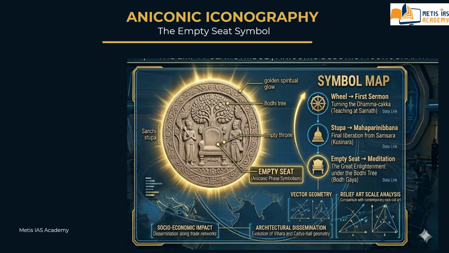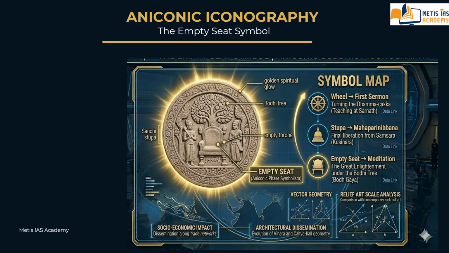So Aniconic iconography, the empty seat symbol here, telling about the golden spiritual glow under the Bodhi tree. It is talking about the empty seat. So what is the symbol map here?